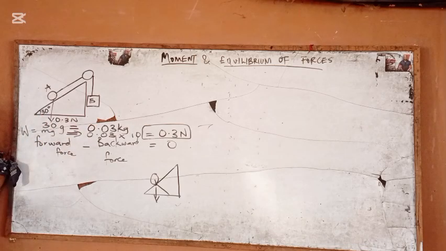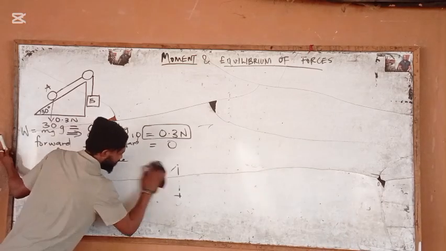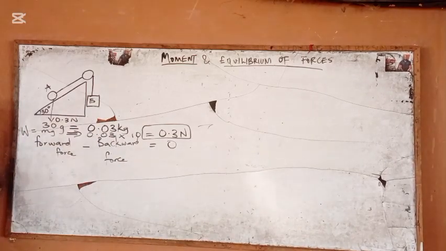Do you still remember? Zachariah. Do you remember that if we are talking about equilibrium, first of all, we said that upward forces and downward forces must be equal. Is it not true? Vertical forces will also be equal. Horizontal forces will also be equal.